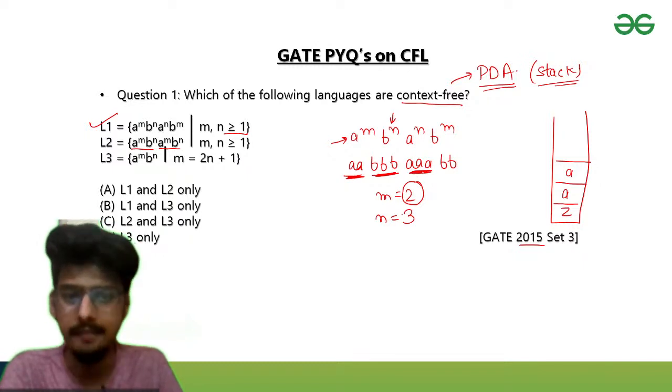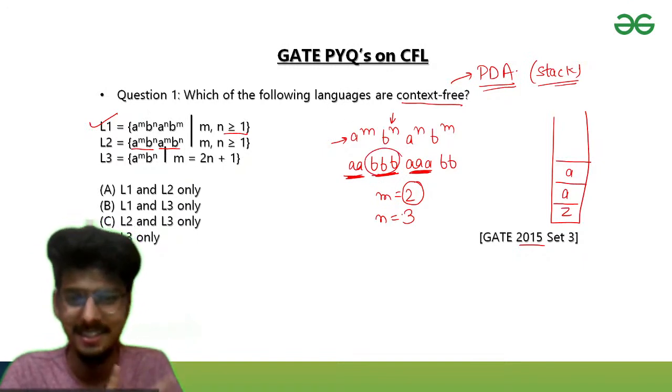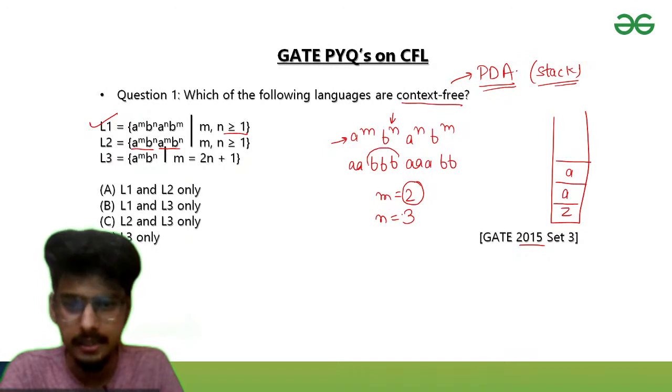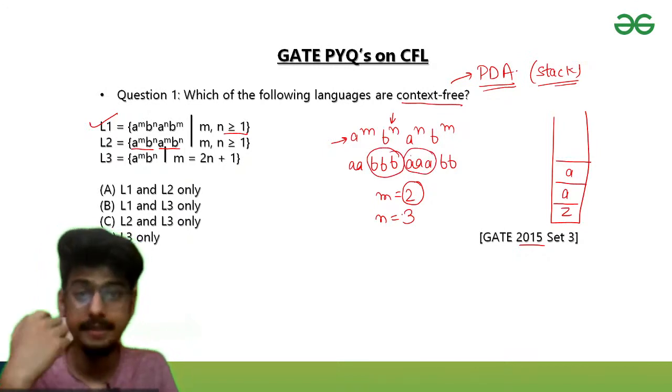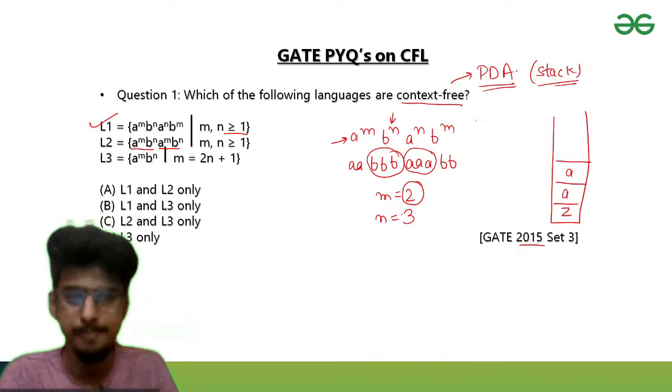After these B's, I will see some A's, and with them I have to compare these B's. So I have to compare this B with this A. In order to compare this B, again I will push them into the stack because I want to compare them, and until now I haven't compared them.